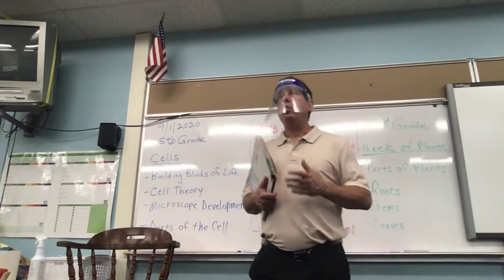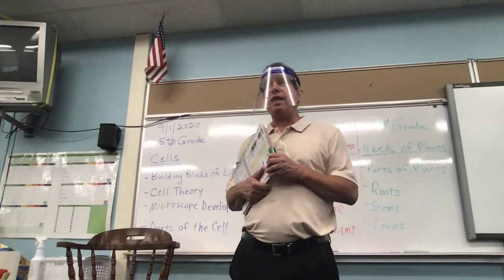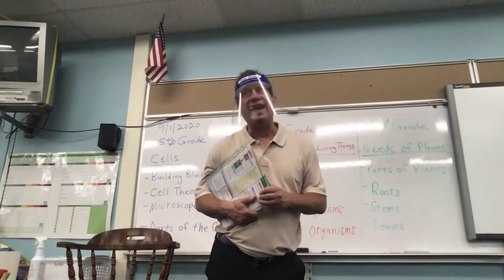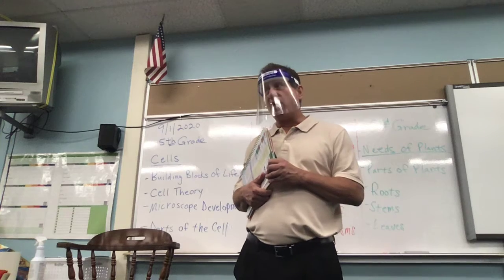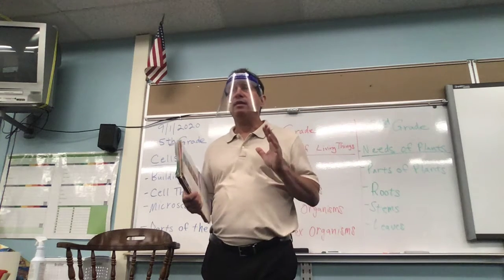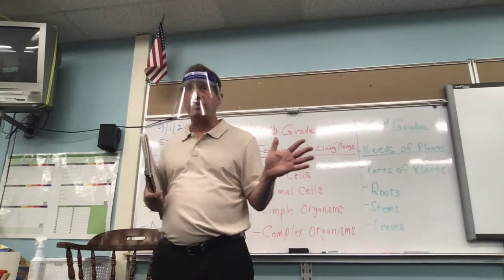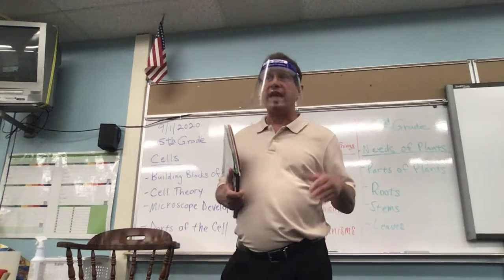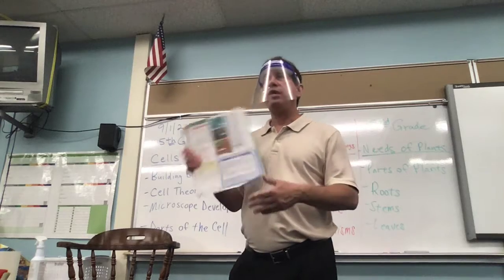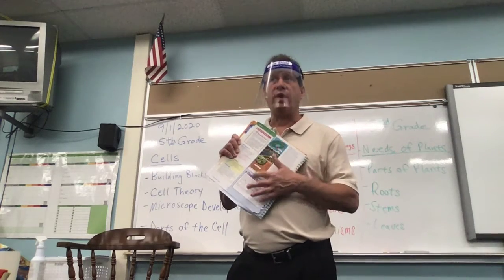Okay. What we're going to do now is we're going to end the video, and we're going to look for our daily journal entry based on a website. Now, guys, let me tell you, the internet here at school is very slow. They're having problems. So if you're having problems at school or at home, you could take any page in your book and write a summary.